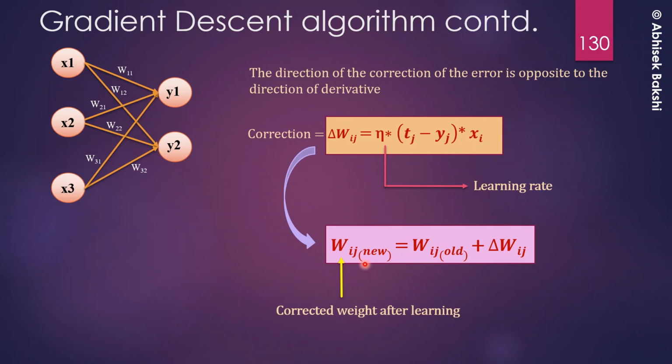So these two equations are very well known to you. You have already experienced this in a different way, but now we have done it with respect to a flavor of artificial neural network.